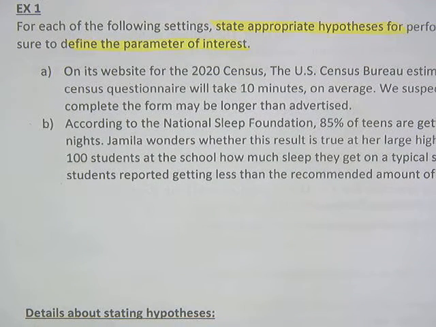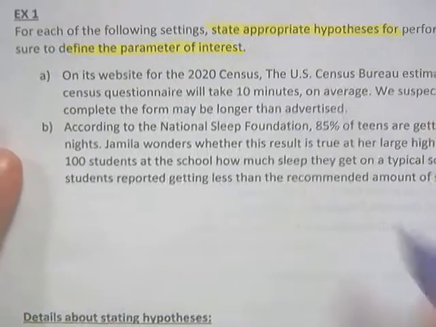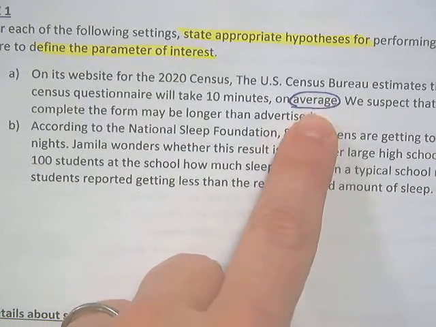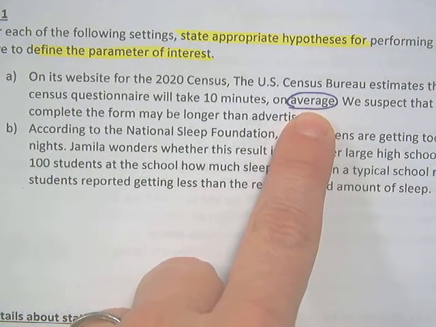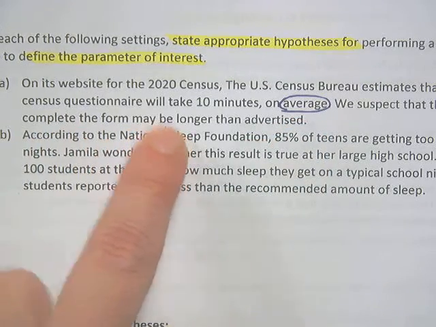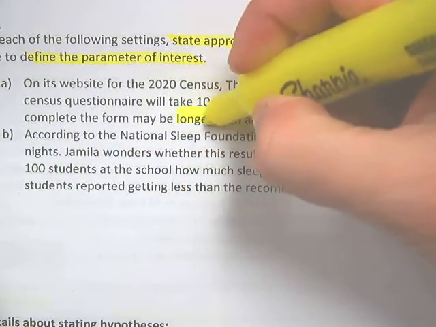Look at Part A. It says, on its website for the 2020 census, the Census Bureau estimates that completing the questionnaire will take 10 minutes on average. That word is really, really important for this problem. We suspect that the time it takes to complete the form may be longer than advertised.